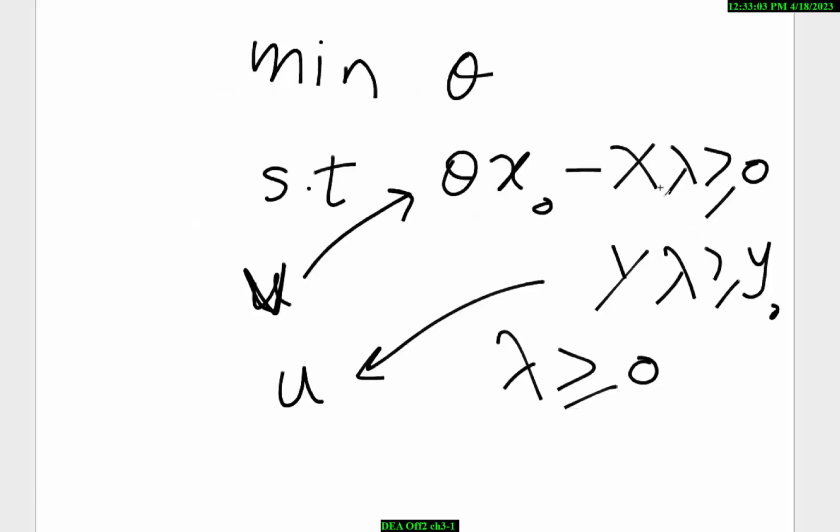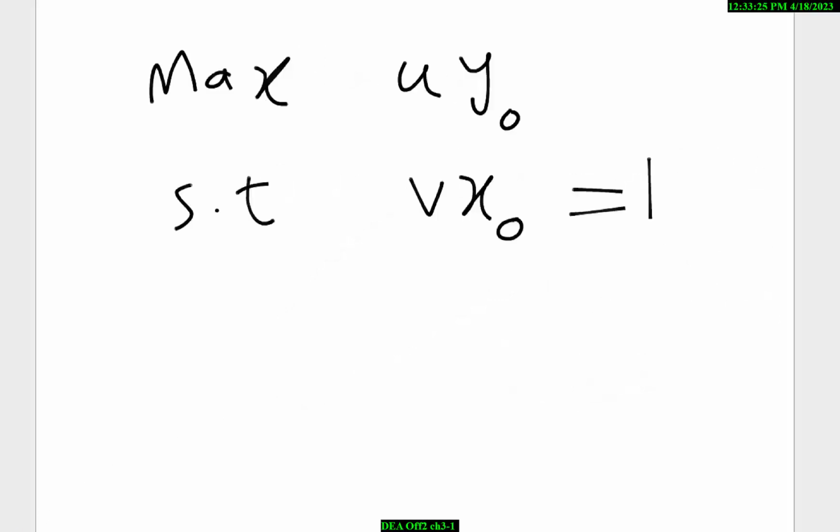And the constraints corresponding to lambda are u y minus v x less than or equal to 0. The right hand side is 0 because we don't have lambda here, and since lambda is bigger than or equal to 0, this constraint is in the canonical form of the model that you know for maximization, a less than or equal to constraint.